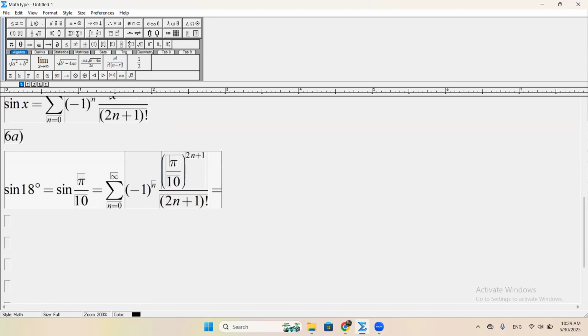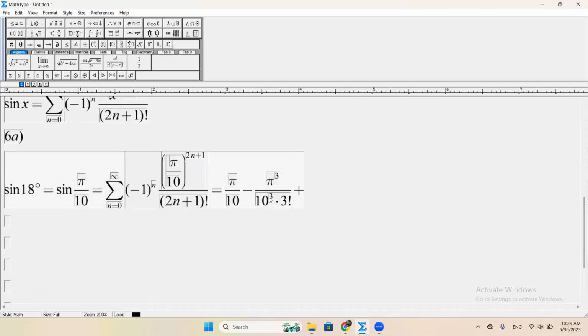So the first term, substituting 0 here, I will have pi over 10. So that's the first member, then minus, substituting 1, pi cube over 10 cube, and the 2n plus 1 factorial will be 3 factorial, so multiplied by 3 factorial.